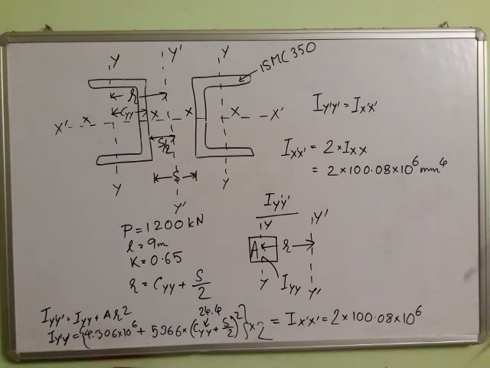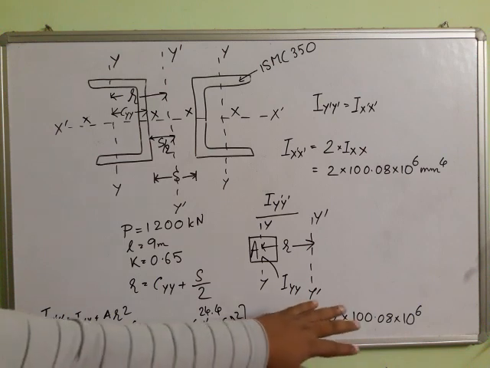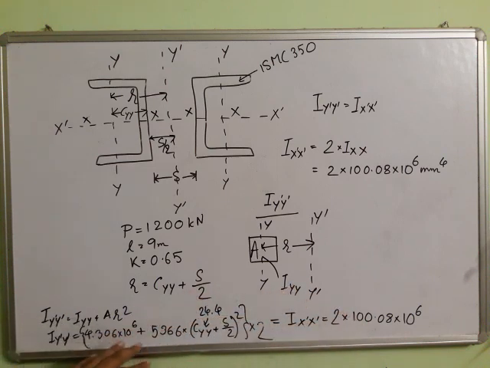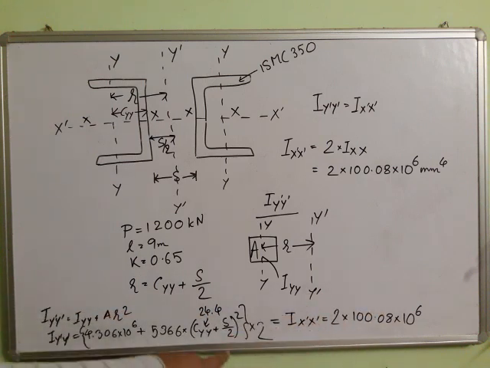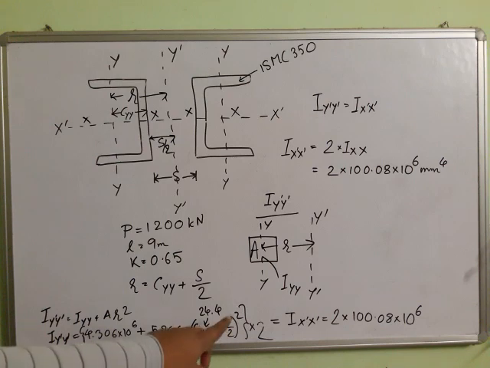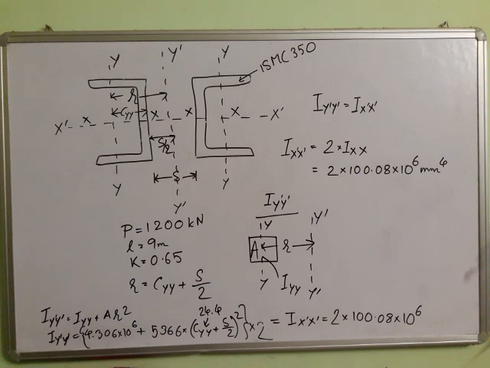So we have to equate this and this, and every value is there except s. So when we equate this with this one, we finally find the value of s. Okay, so I will not do the calculation. You have to do the calculation by yourself. You will see that the value of s comes around 218.